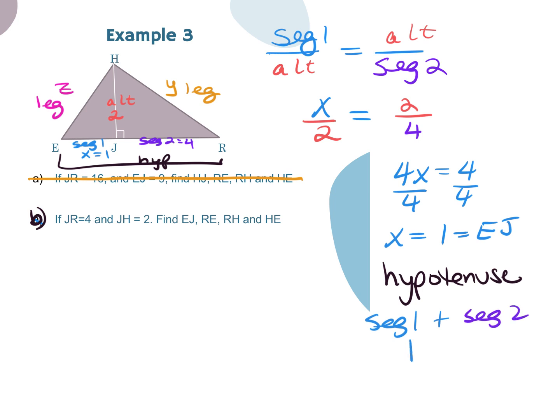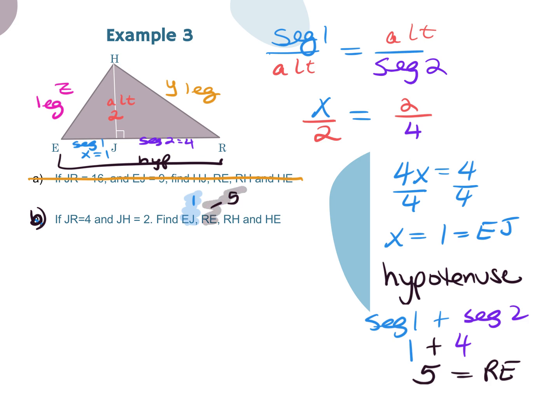So 1 plus 4, and the length of my hypotenuse is 5, which is going to be my RE. So RE is 5. EJ was 1. And then the RE is 5.